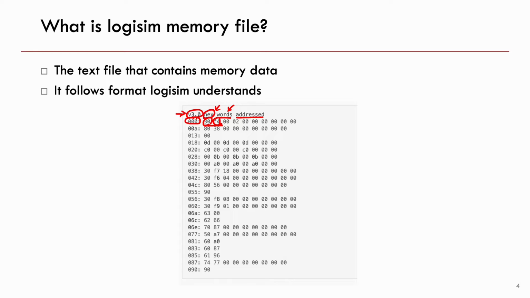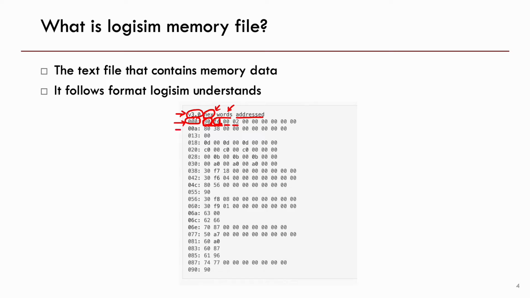Okay. So from memory address 0, we have words. One byte, in this case, 30400002.